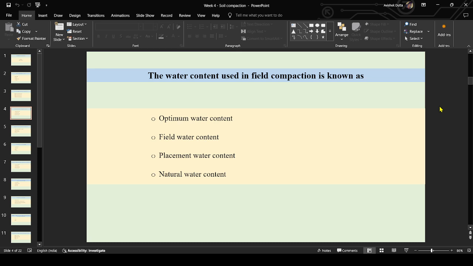The first option is optimum water content. The second option is field water content. The third option is placement water content. And the last option is natural water content.